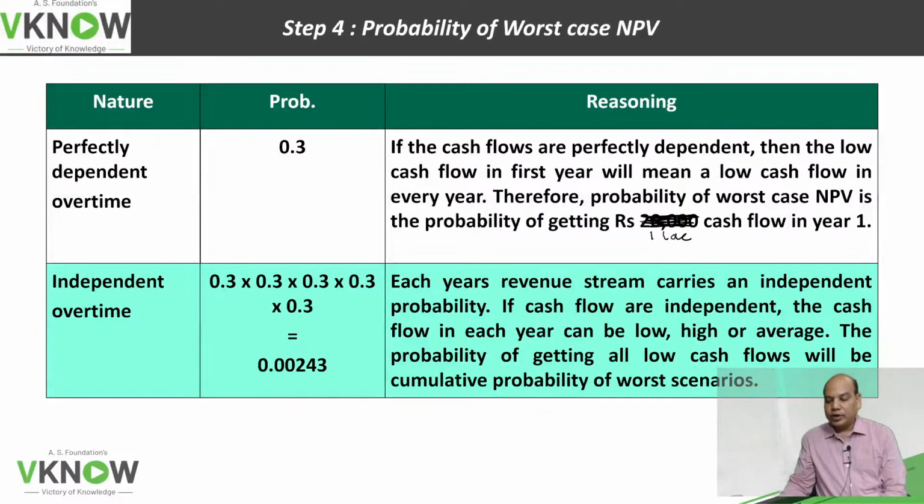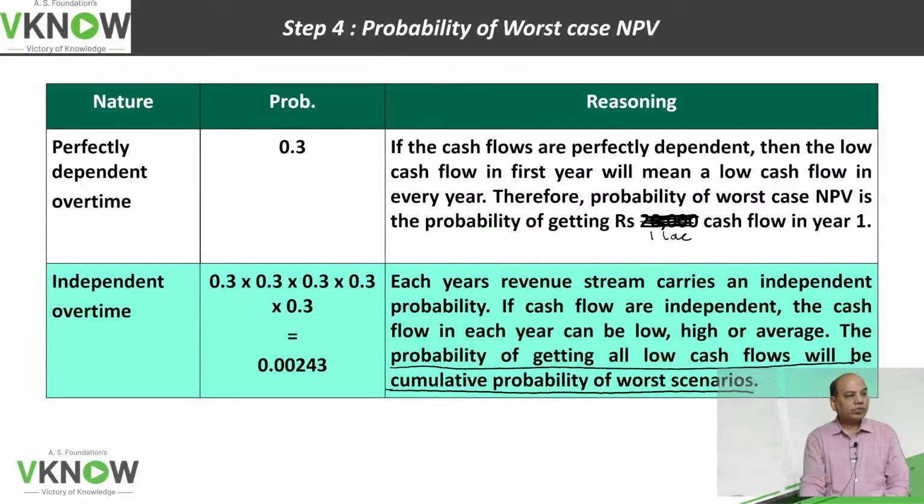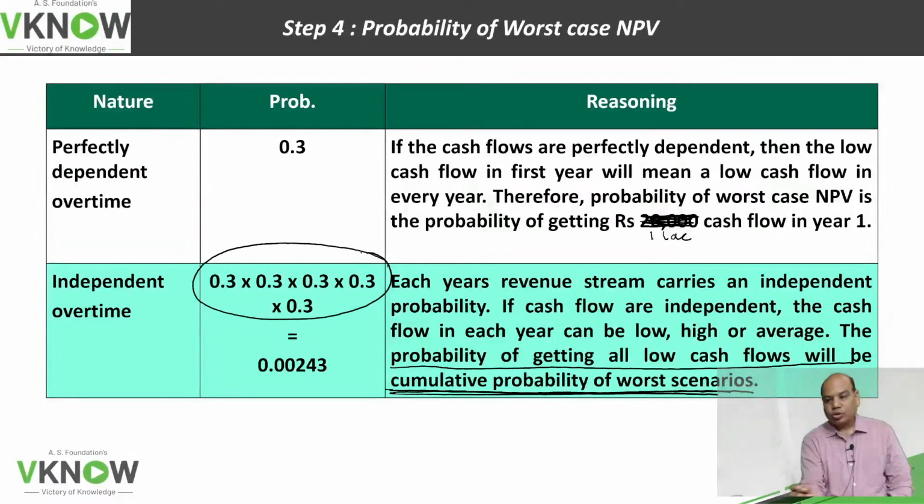The probability of getting all low cash flows will be the cumulative probability of worst scenarios. That is why we have to multiply all the probabilities, because cash flows are independent over time. So that was the answer of question number Roman 3 of this question.